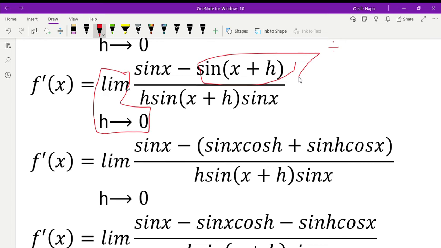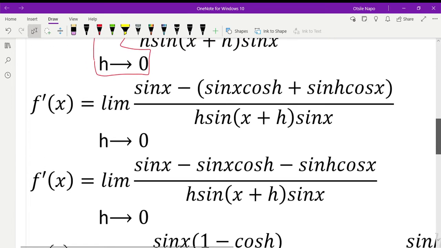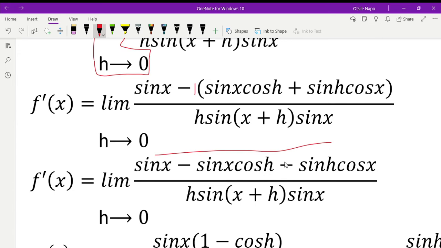So sine of x plus h will give us sine x cos h plus sine h cos x. Therefore, after getting that, you multiply the 1 throughout the brackets, therefore it's going to give you a negative. So here you are having a negative, and even here you are having a negative.